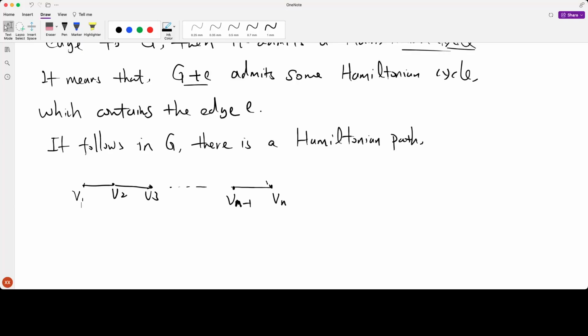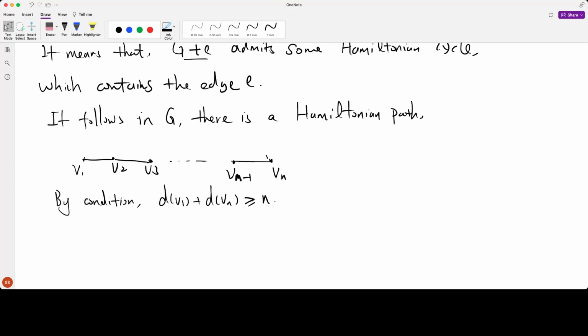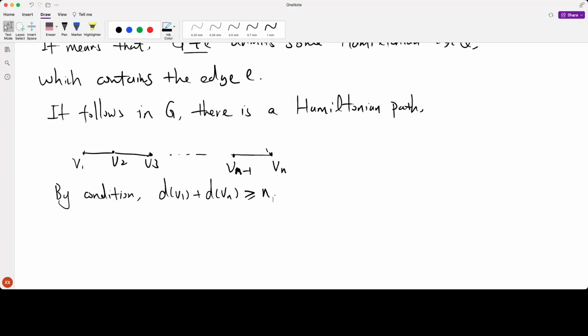Okay. So by the condition of all, we know that the degree of V1 plus the degree of Vn is at least n. Okay. So here, if you stare at this picture and you look at this condition, I have this claim.